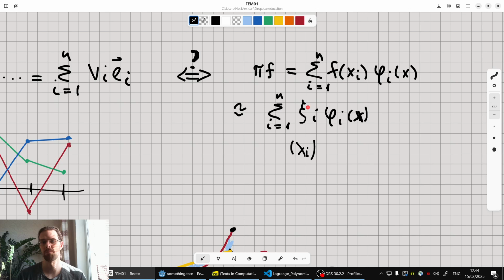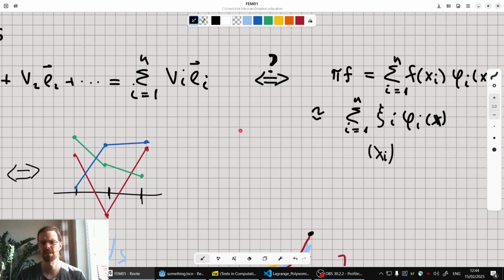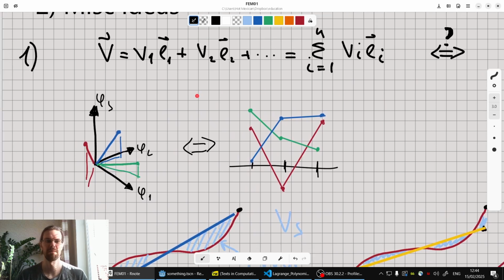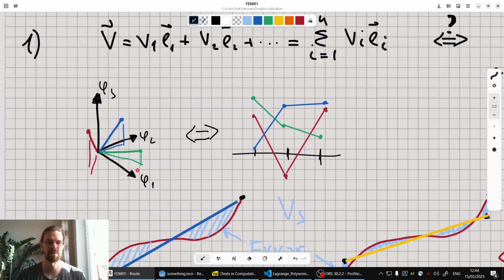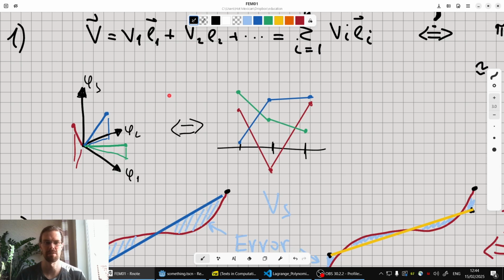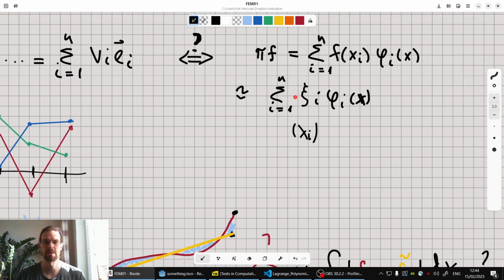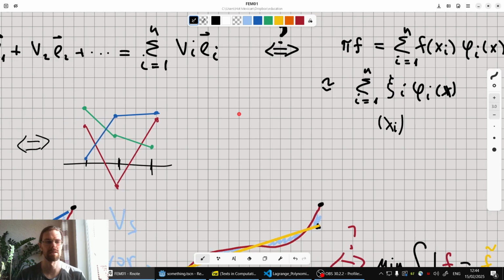But when we talk about this linear combination of functions, in this particular case, it becomes very interesting because we can also consider these basis functions as typical basis vectors, and all these coefficients xi.